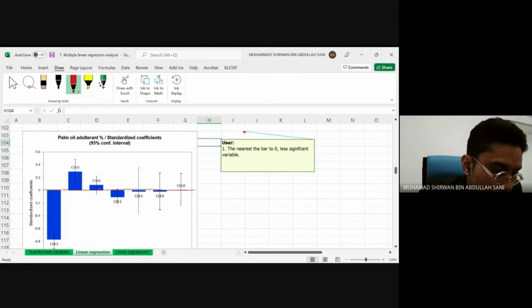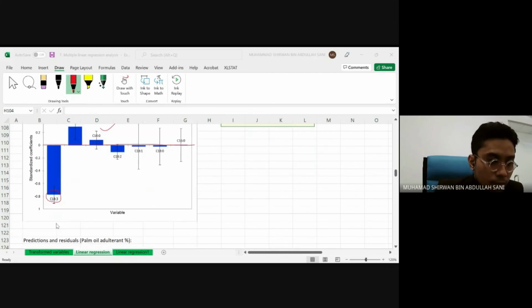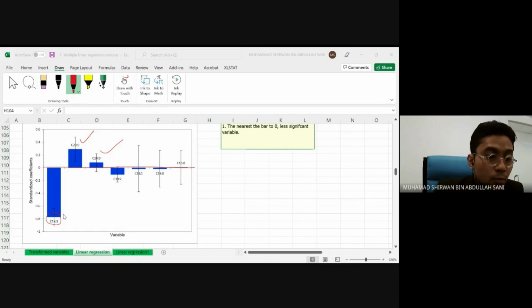So in this case, you can see C18:3 is the bar furthest away from the zero axis, followed by C20, C14, C18, C18:1, C18:0, and C16:0. So that indicates C18:3 is the most significant one.